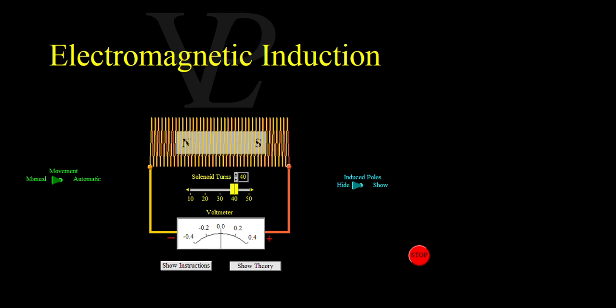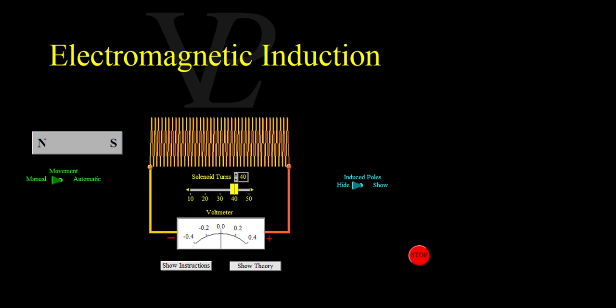EMF at A level, potential difference better at GCSE, voltage if you must. So there is no change in the field here. The entire magnet is inside the coil, and so there is no induced EMF. If we change it faster, we get a bigger induced EMF.